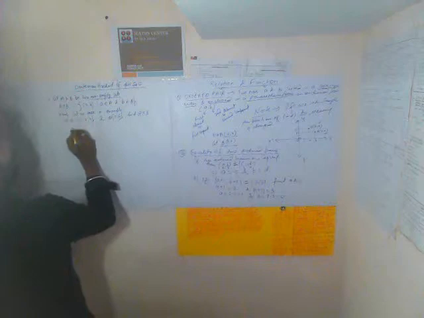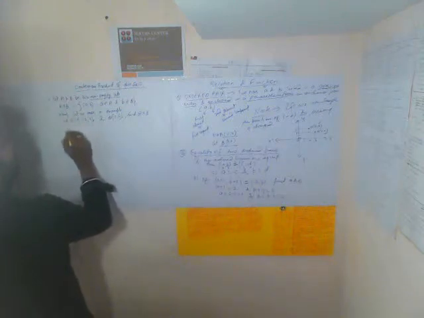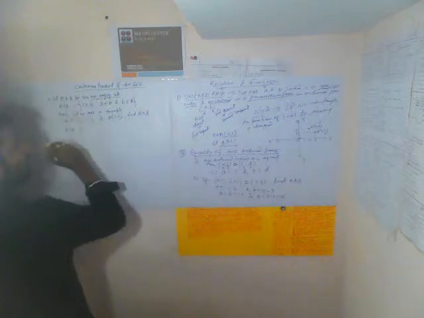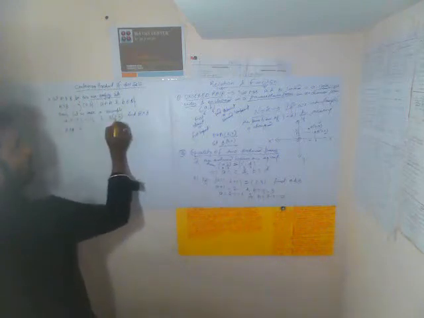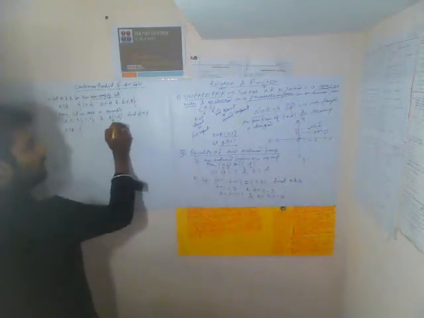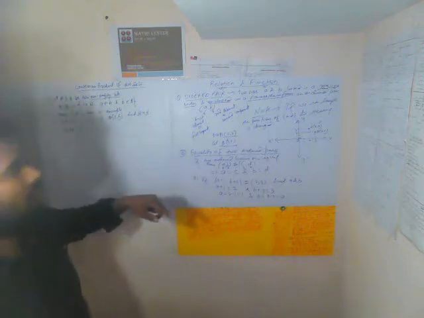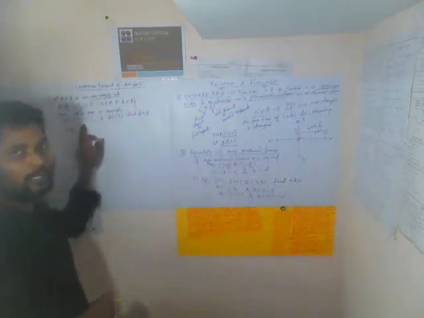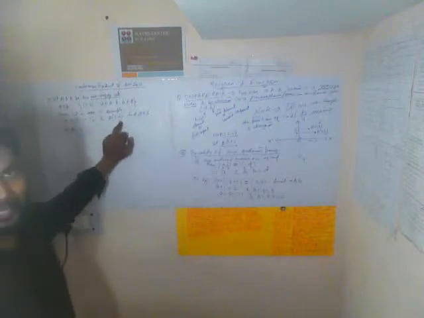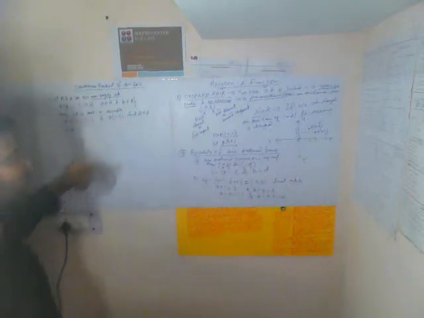Now we have to go like this: A cross B is equal to the first element making an ordered pair with the first element of the second set. In the same way, the first element makes an ordered pair with the second element of the second set.